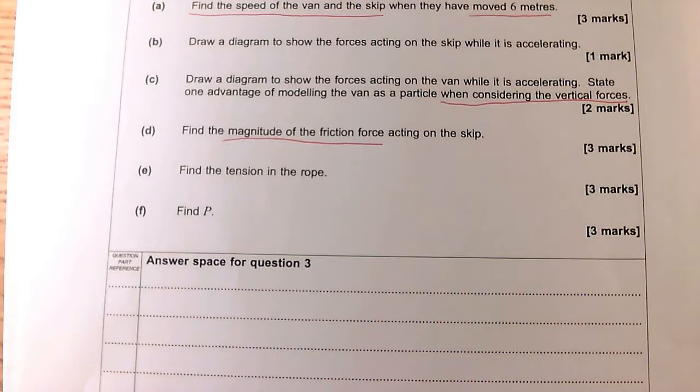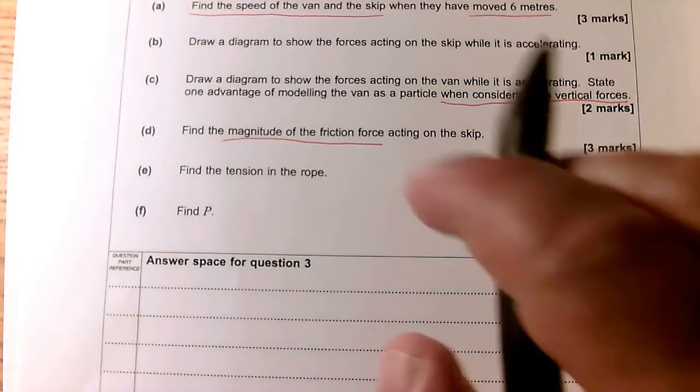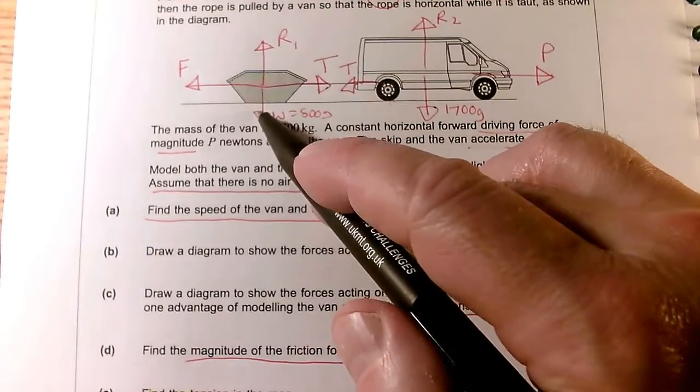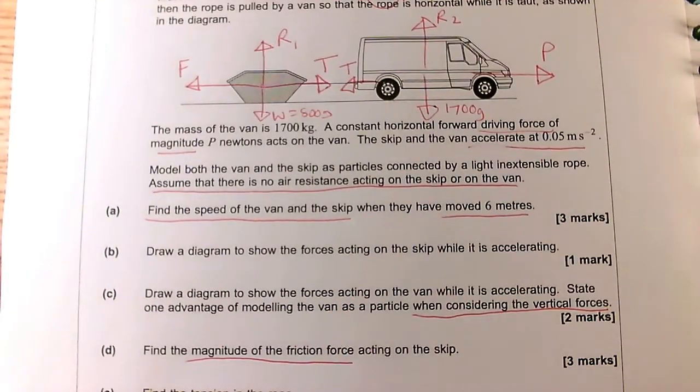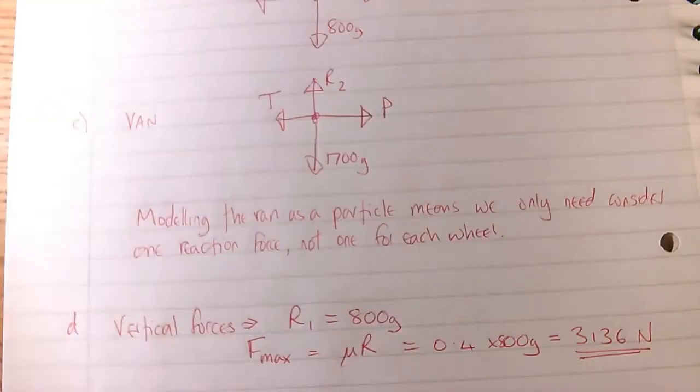So now finally I'm going to be using F equals ma. The first thing I'm going to use F equals ma for is the skip and then the van. But actually, on these, you just know you're going to be doing both, so it's not wrong to set them both up now. I've got the force diagrams here.